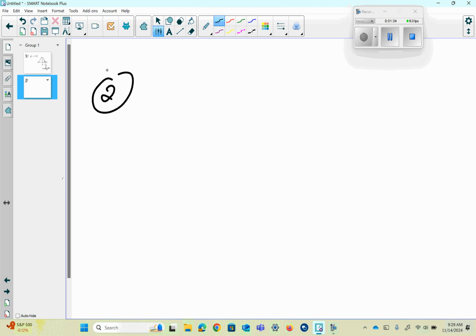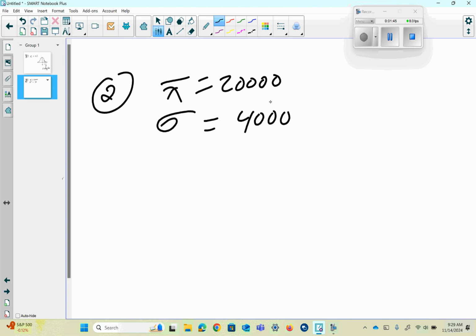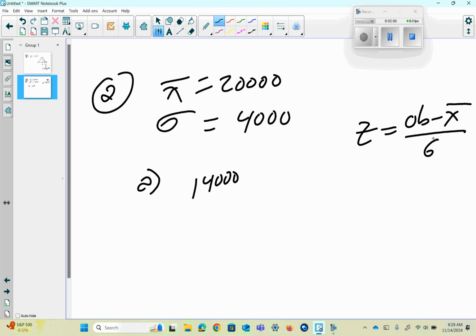All right, so they say that there's 20,000 words with a standard deviation of 4,000. Find the z-score of somebody with 14,000 words. We have to remember our z-score is observed minus the mean over the standard deviation.